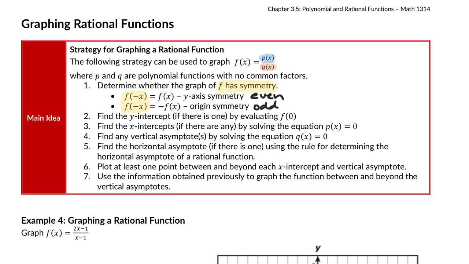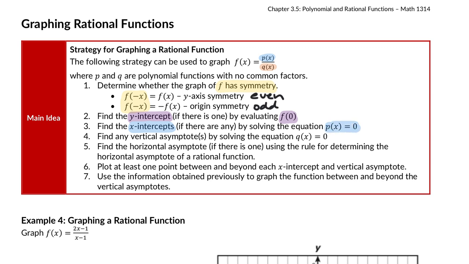So we're going to check first for symmetry so that we can create additional points at the end very easily. Then you're going to find the y-intercept. The y-intercept for us today is going to be purple. You're going to find this y-intercept, if there is one, by evaluating f of 0, which means plugging in 0 to the function. Step 3 is to find the x-intercepts, if there are any, by solving the equation p of x equal to 0.